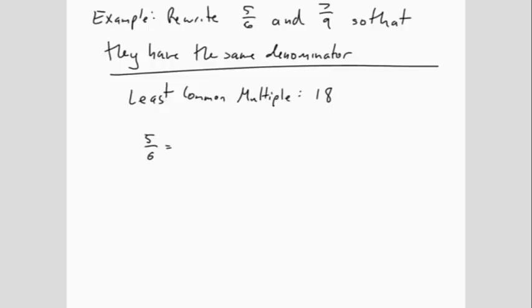For the fraction 5/6, we need to multiply top and bottom by 3. And that gives us 15/18. For the fraction 7/9, we need to multiply top and bottom by 2. And that gives us 14/18.